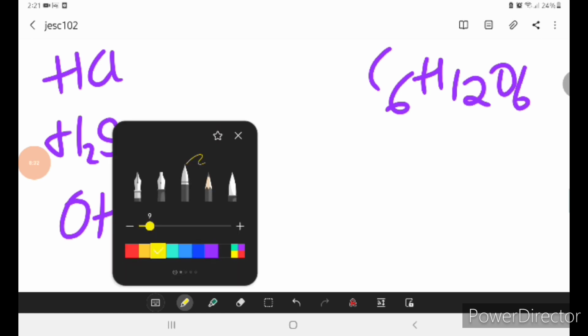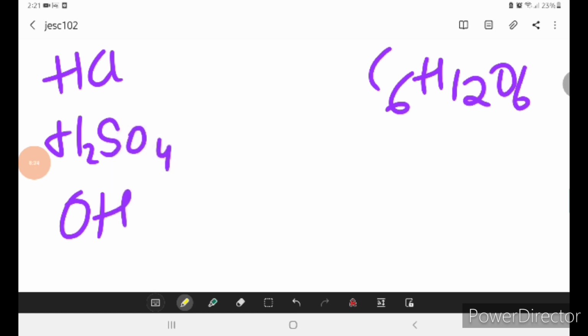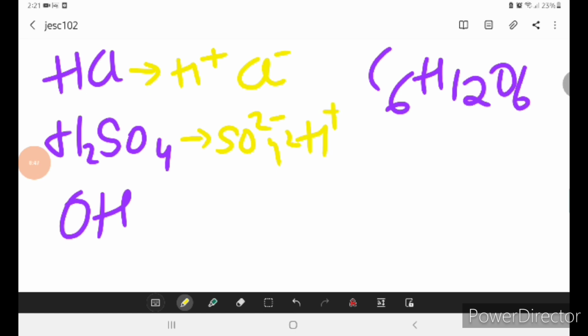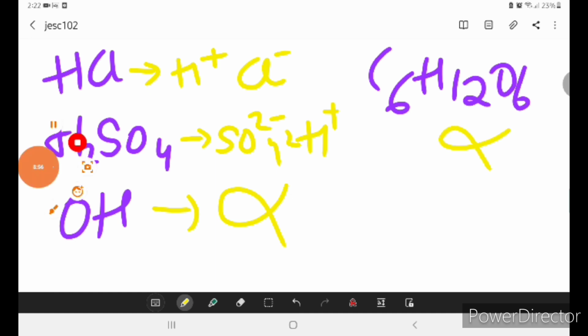Now look at it. In HCl we have H plus and Cl minus ions, and in H2SO4 we have SO4 2 minus and 2H plus ions. Whereas alcohol doesn't dissociate into ions, and C6H12O6 also doesn't dissociate into ions.